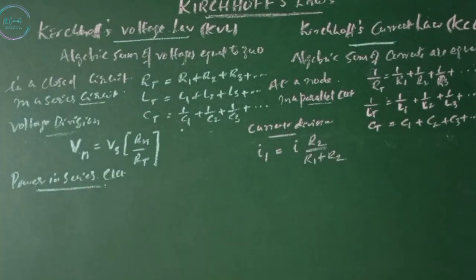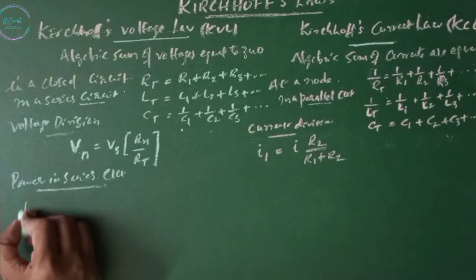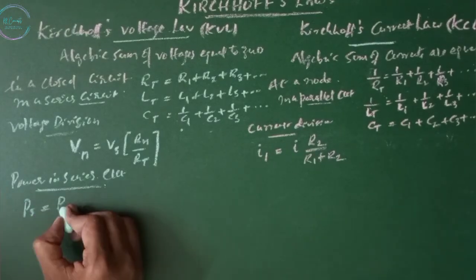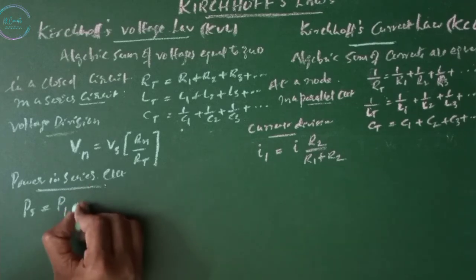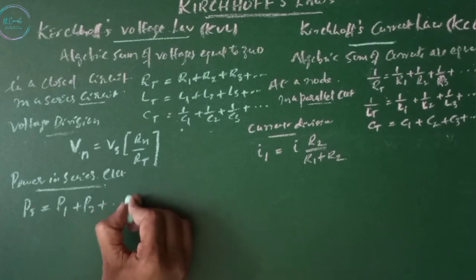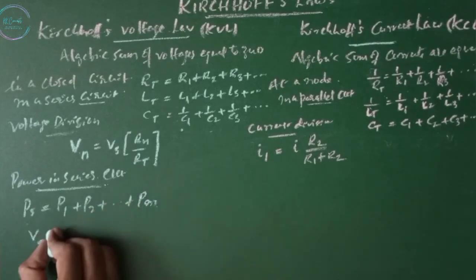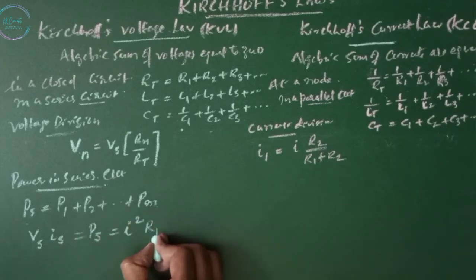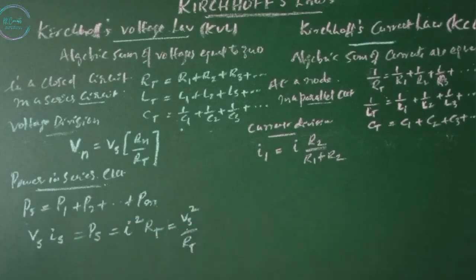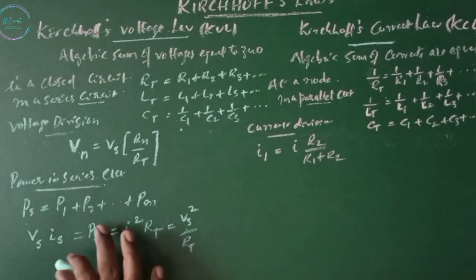Power in series circuit. The total power supplied by the source in any series circuit is given by Ps equals the sum of the powers in each element, that is P1, P2 and so on up to Pn. Vs Is equals I square RT equals Vs square by RT, where Vs is the total voltage applied, Is is the total current, and RT is the total resistance of the series circuit.